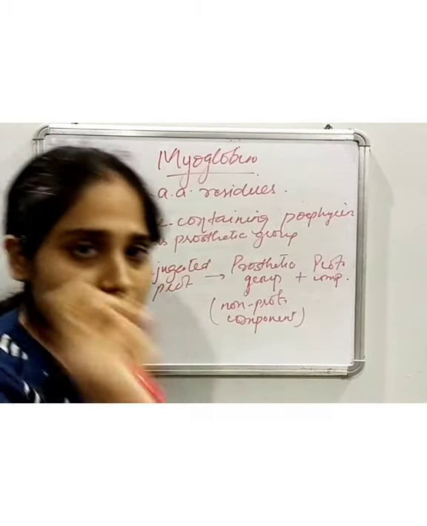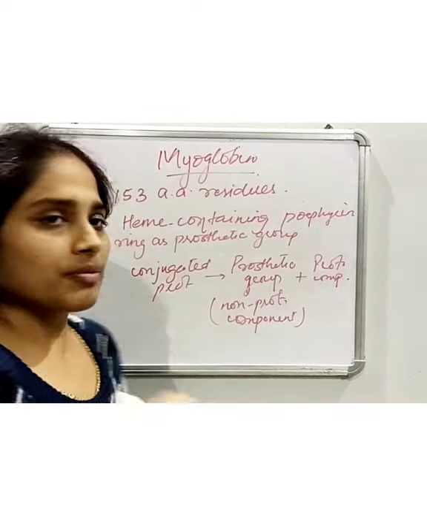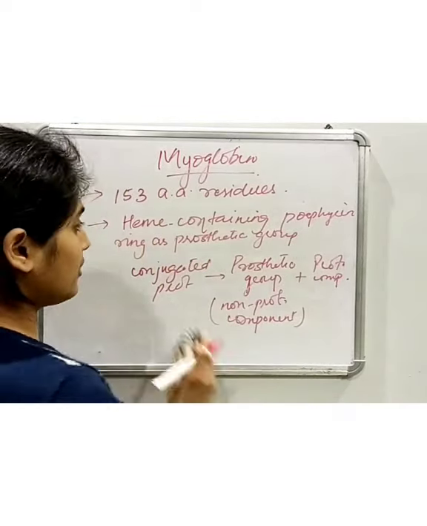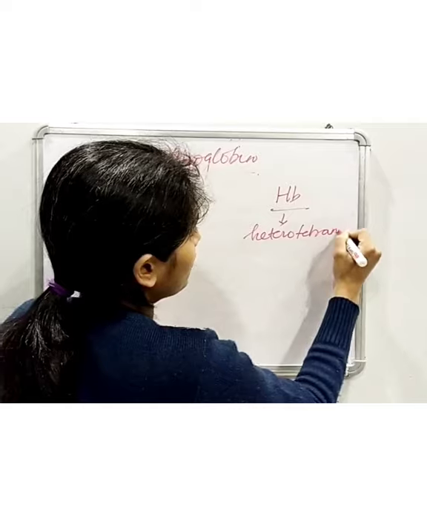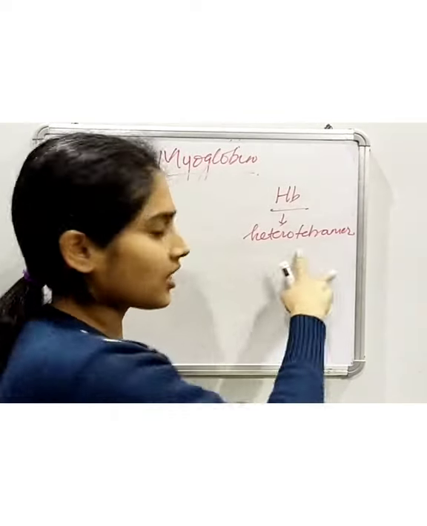Now, the difference between hemoglobin and myoglobin is that hemoglobin is a heterotetramer. Now, recalling from the previous lecture, what are heterotetramer?